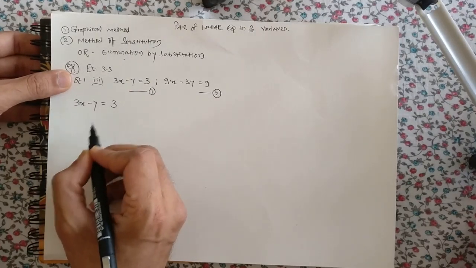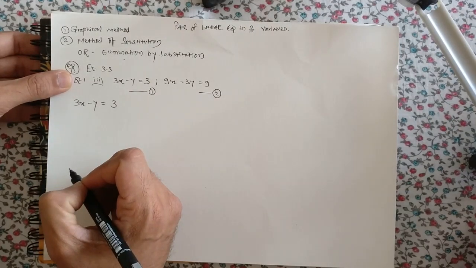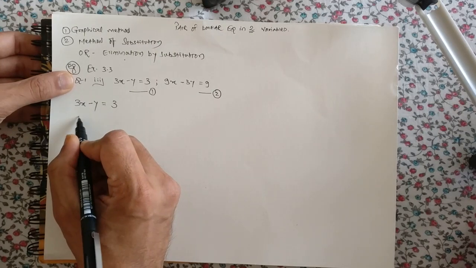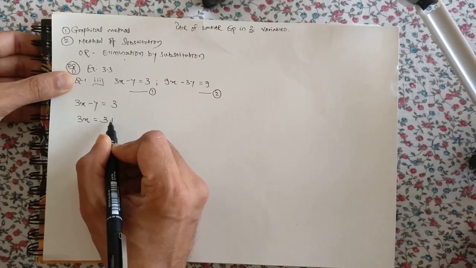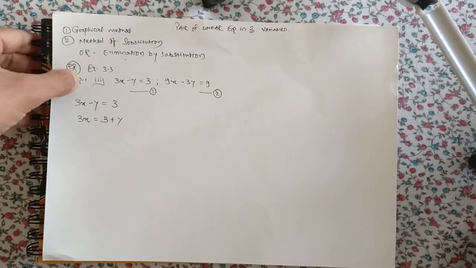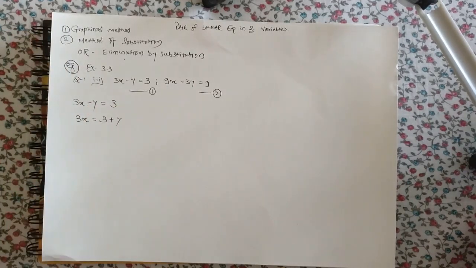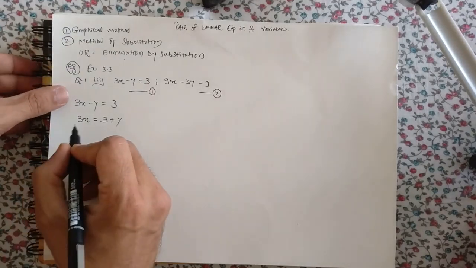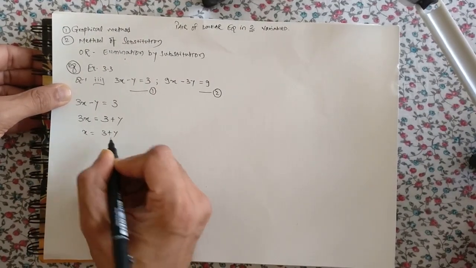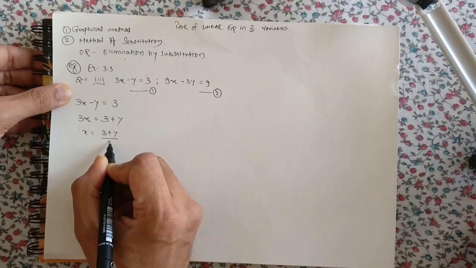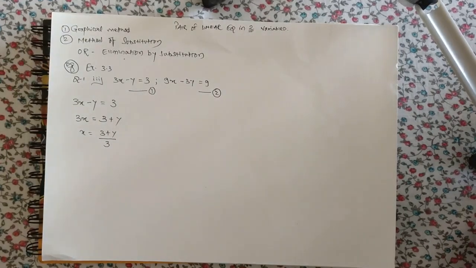I'm going to make x the subject of the formula. So I will write it as 3x is equal to 3 plus y. What I did, I shifted minus y to the right hand side. Now I'll shift 3 to the right hand side. So x is equal to (3 plus y) divided by 3. Now what I got is the value of x, the formula for x.